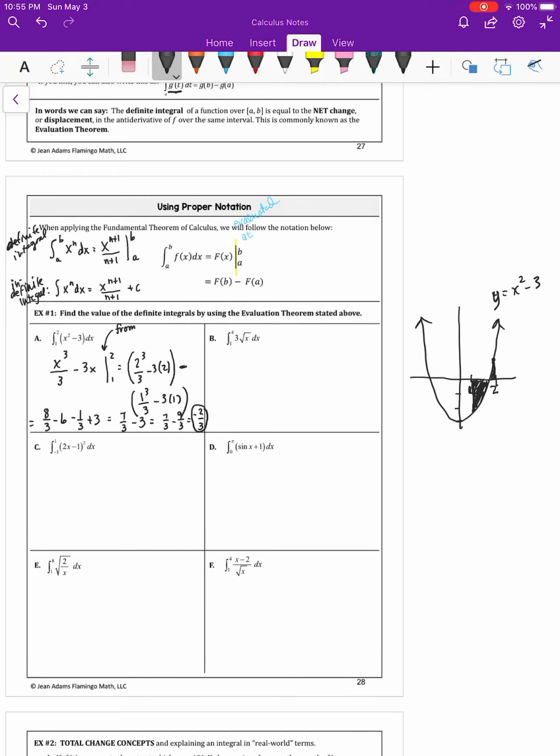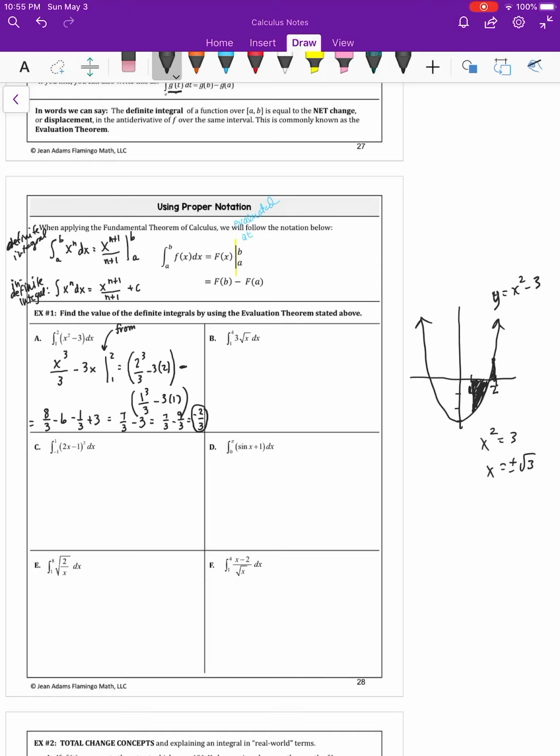which is like this area, I should have used a different color, sorry. I don't know where it crosses the x-axis. Where does it cross the x-axis? How about at square root of 3? So from 1 to the square root of 3, it's all negative.